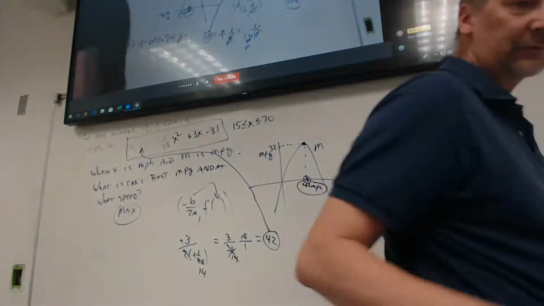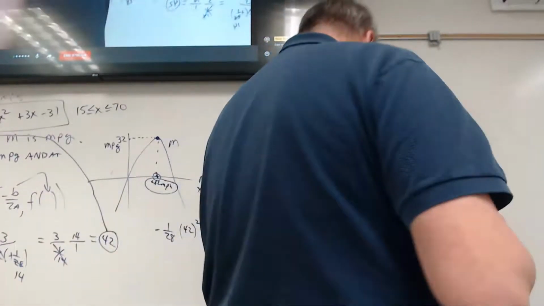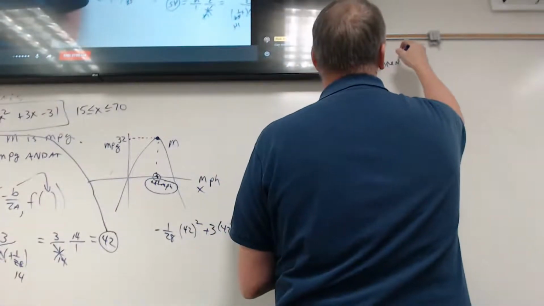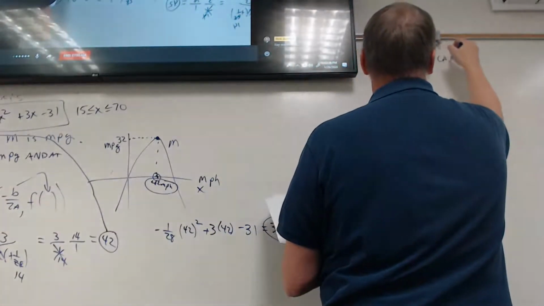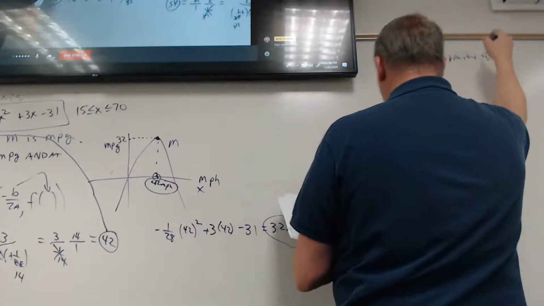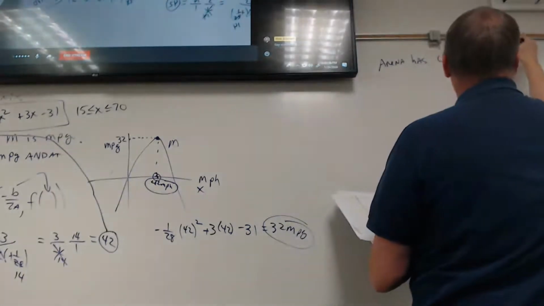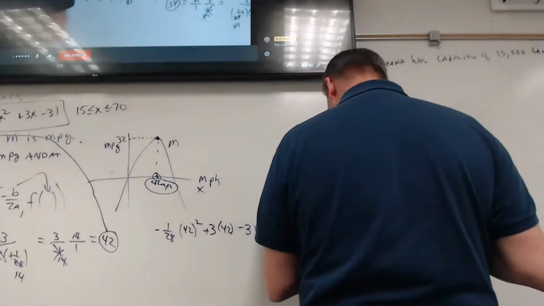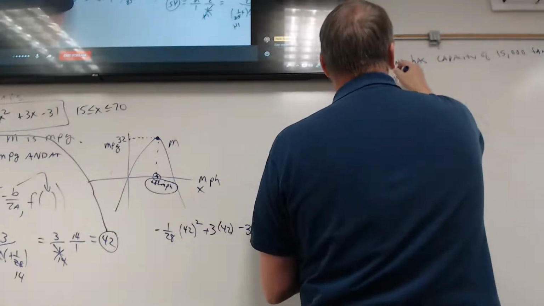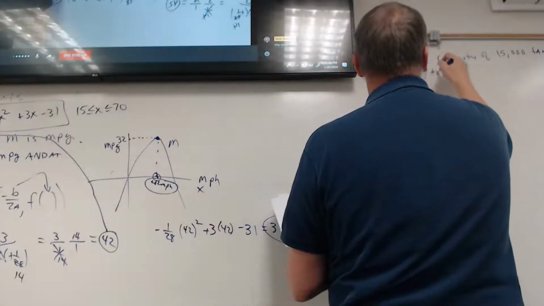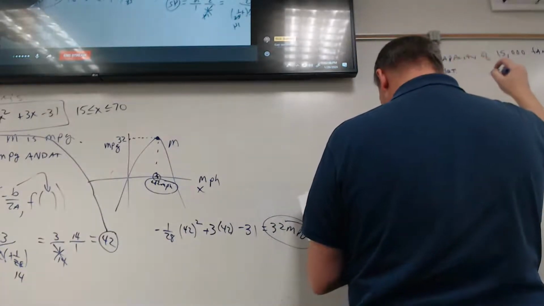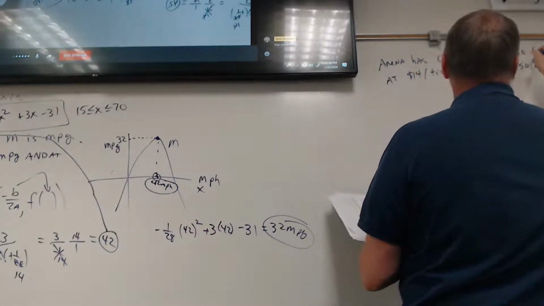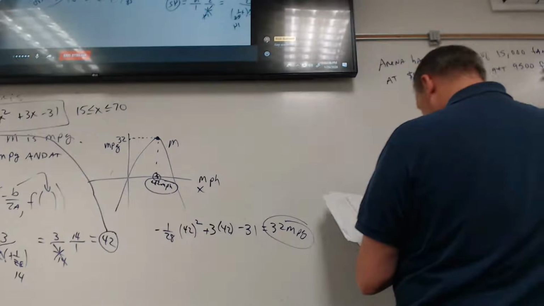Let's say that a hockey team has an arena, has a capacity of 15,000 fans. Okay? At $14 per ticket, they get 9,500 fans. Okay?